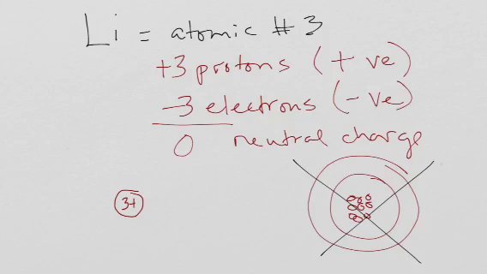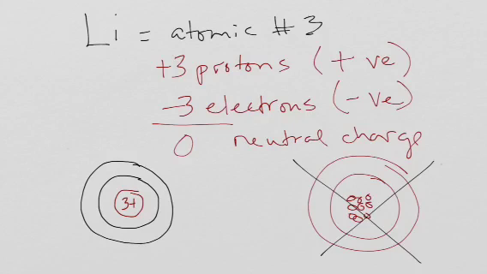Now we have to account for our actual electrons. Electrons are tiny in comparison, and they're on the outskirts of the atom, constantly moving around. However, they move around in set orbits or shells. The rule of thumb is the first shell, the closest, which I'm going to mark as number 1, has a maximum of 2 electrons.